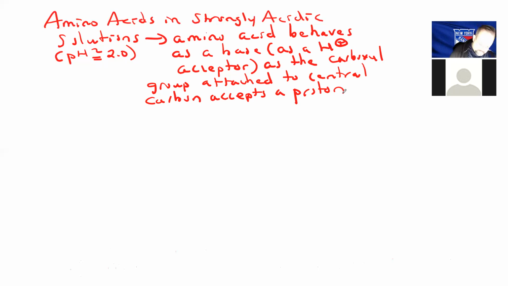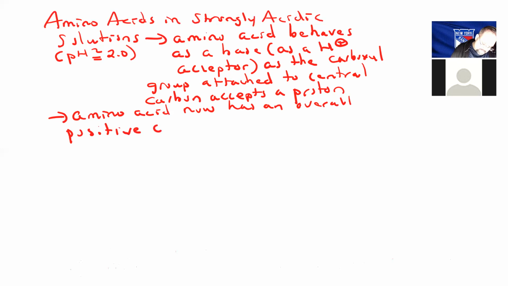The bottom line is that no matter what type of amino acid it is, the amino acid now has an overall positive charge. Okay. So the amino acid now has an overall positive charge associated with it. And again, that would be independent of the type of amino acid that you have.